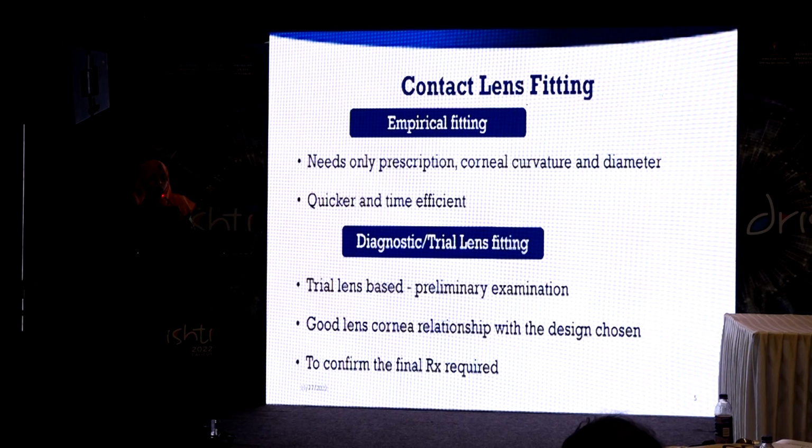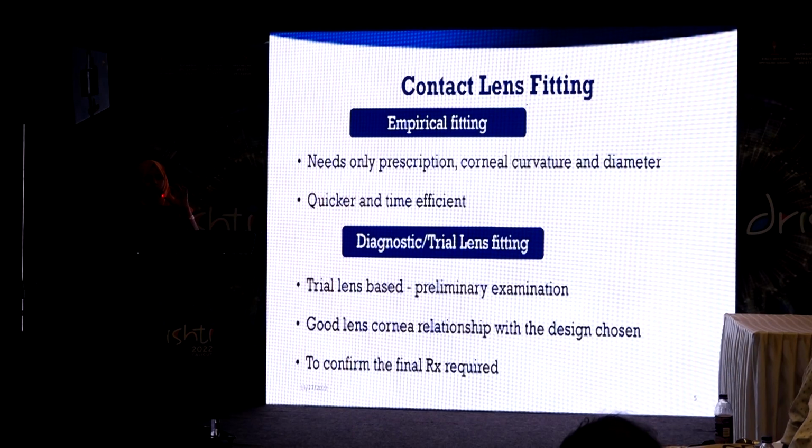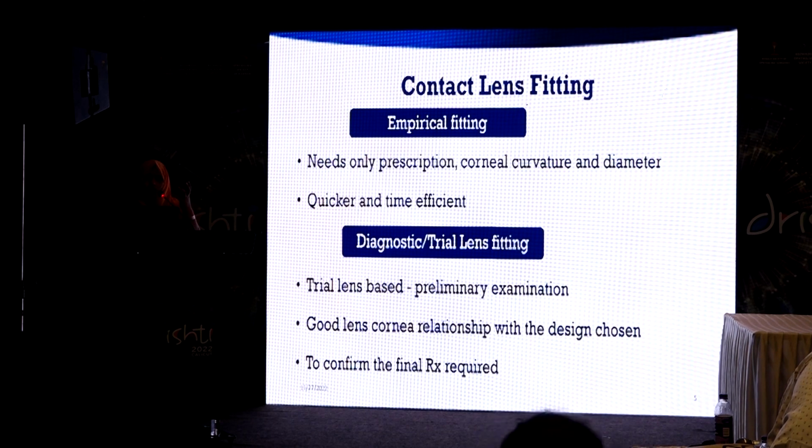Basically, there are two fitting approaches for contact lens fitting: empirical fitting and diagnostic trial lens fitting. Empirical fitting requires only the patient's prescription, corneal diameter and corneal curvature. It is quicker and time efficient, as we don't require a trial lens fitting; we have the prescription, so we can fit the patient.